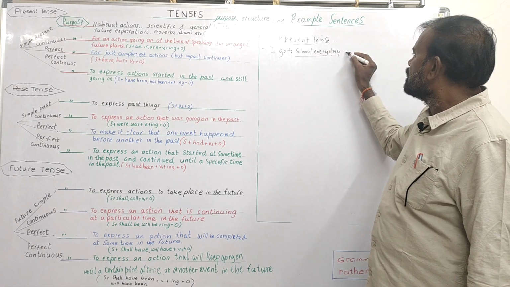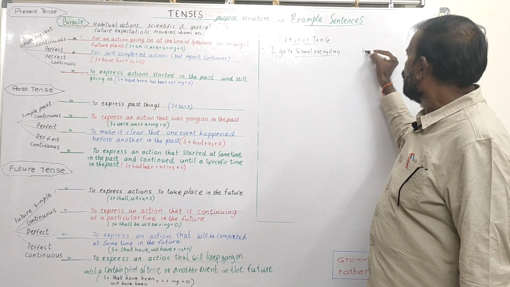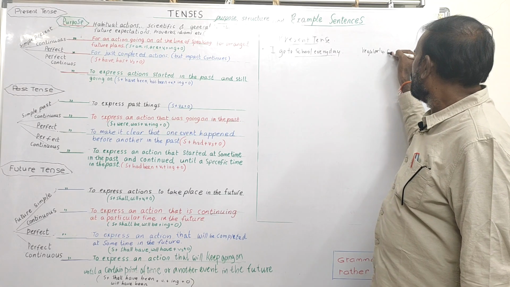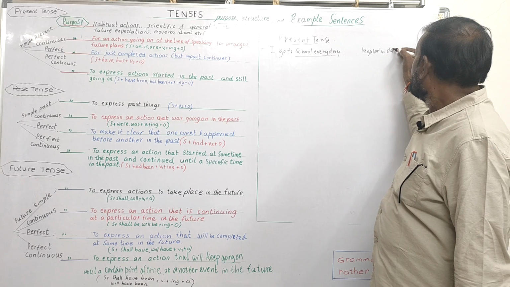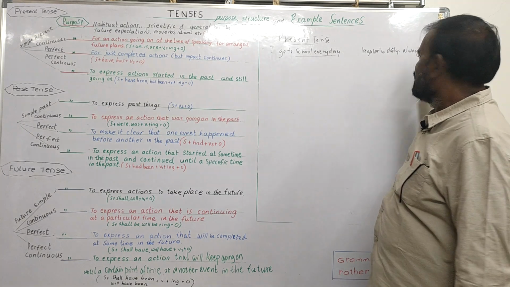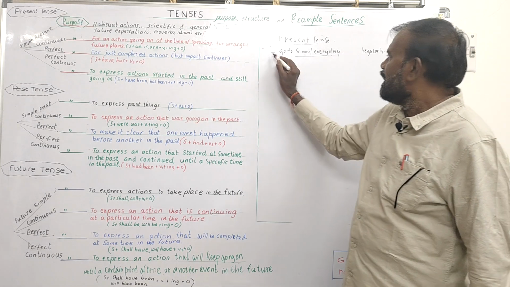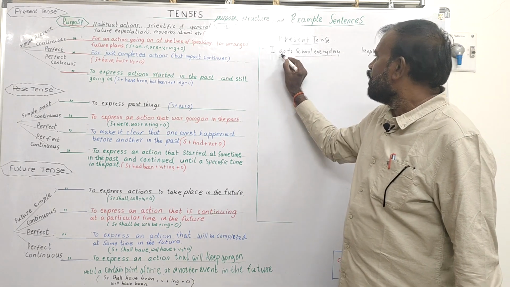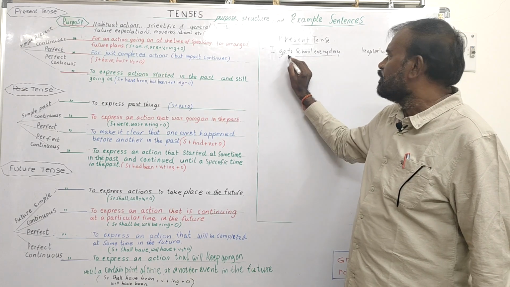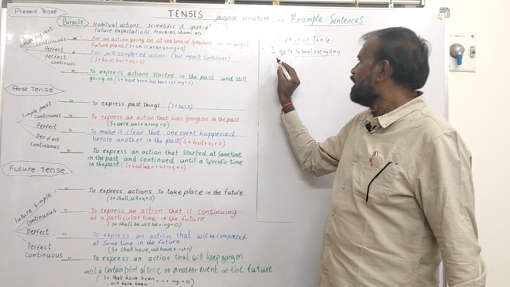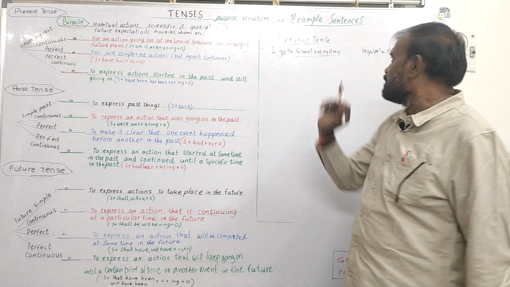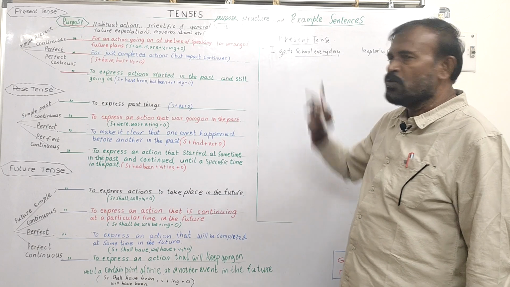And here we use the terms regularly, daily, always, like this. Here as the subject is I, we use the verb go. It is V1. And for plural subjects, we use this go.